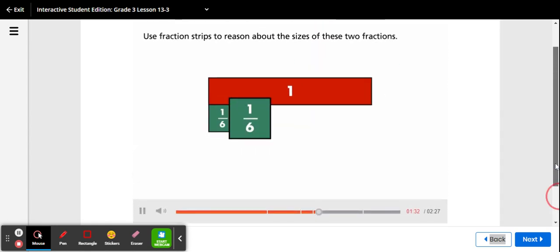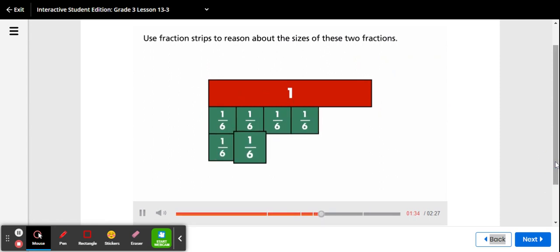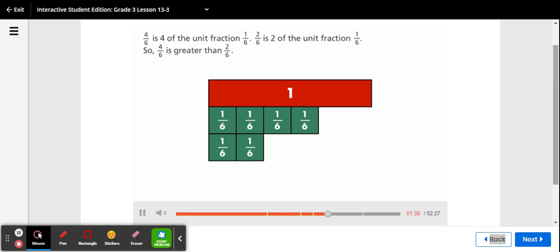Use fraction strips to reason about the sizes of these two fractions. 4/6 is 4 of the unit fraction 1/6. 2/6 is 2 of the unit fraction 1/6. So 4/6 is greater than 2/6.